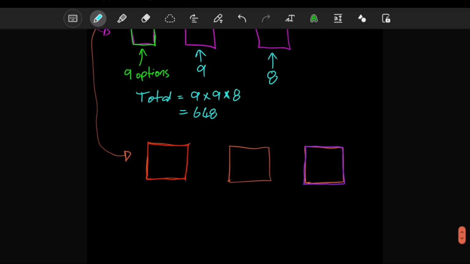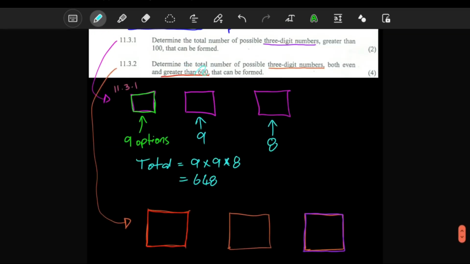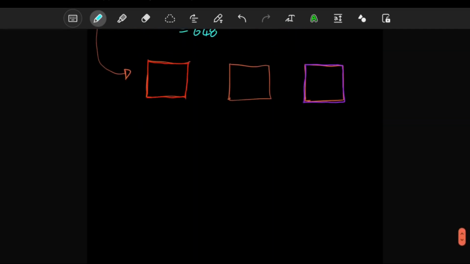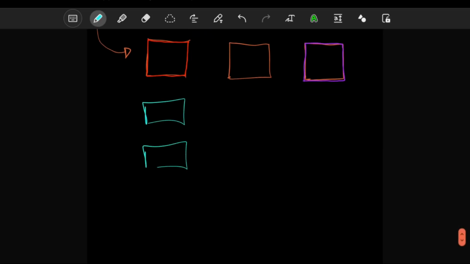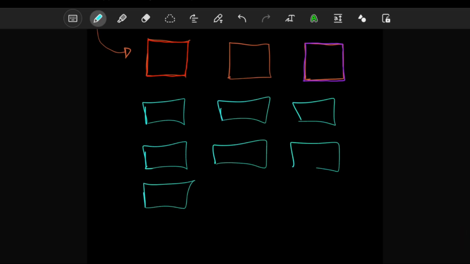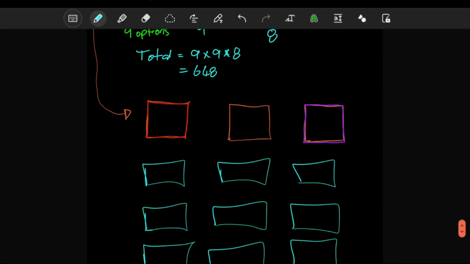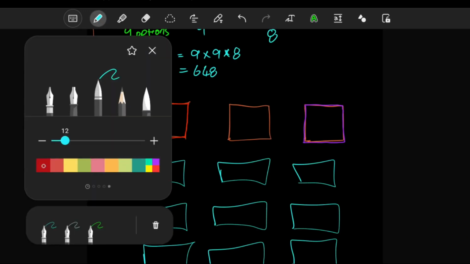So what I'm trying to say is, looking at how our code has to be greater than 600, our code can only start with a 6 or a 7 or an 8 or a 9. So what we've done here is basically try to showcase the different scenarios that we can possibly have.